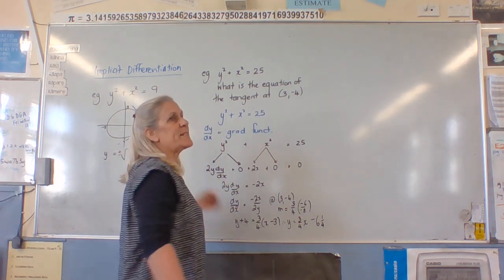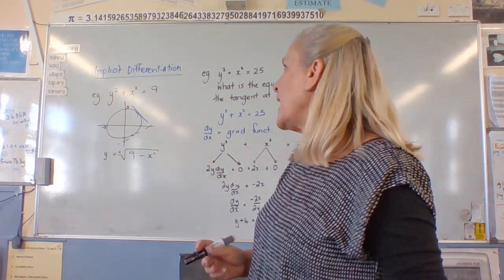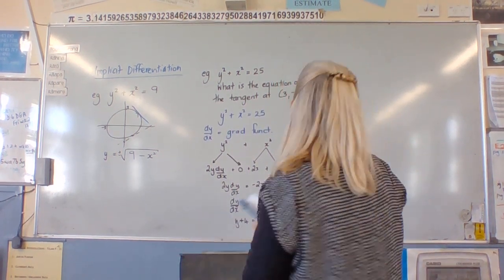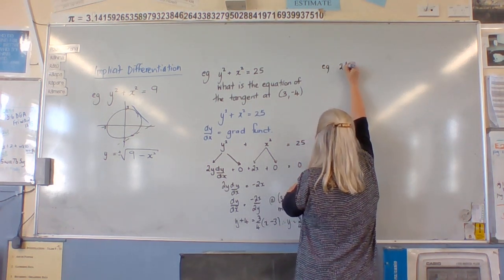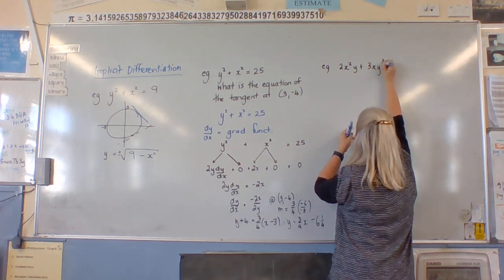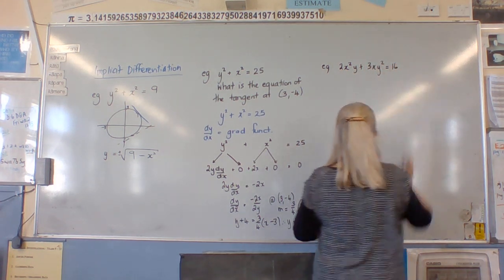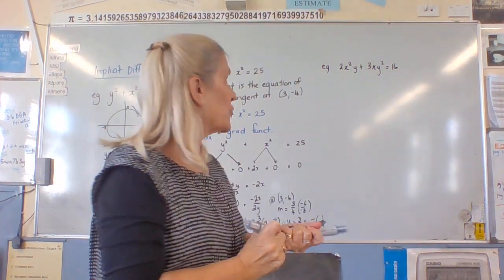Okay, so that could have been done a completely different way. But what if it can't be done a completely different way? Let's have a look at this one. Now, I have no idea what this looked like, but luckily in the textbook they drew it for me.